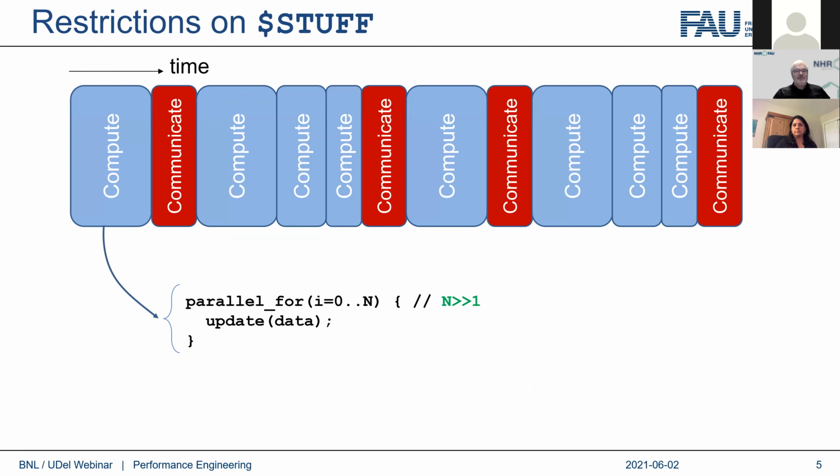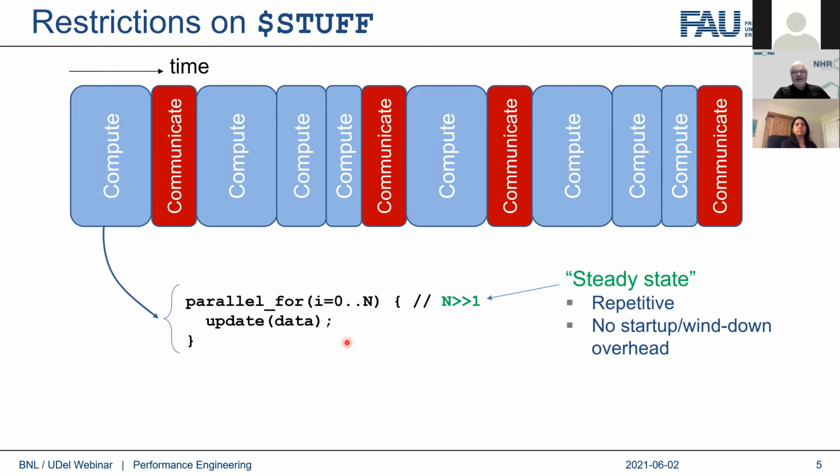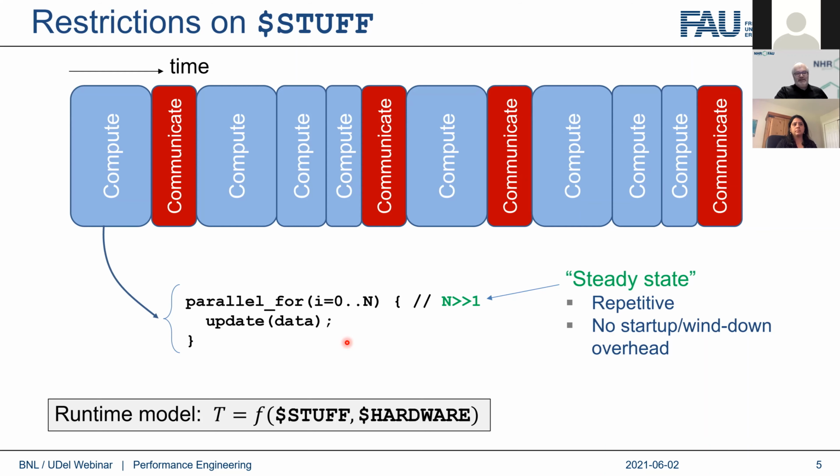And usually we also assume that these compute times comprise parallel loops of some sort, and those parallel loops are long, so that startup overheads, wind-up overheads, and such things are negligible. So we assume some kind of steady state. Then we try to set up a runtime model that is some kind of function of the stuff we want to run, so the application, and the hardware. So we distinguish between a machine model and an application model, and try to find out in which way they interact.